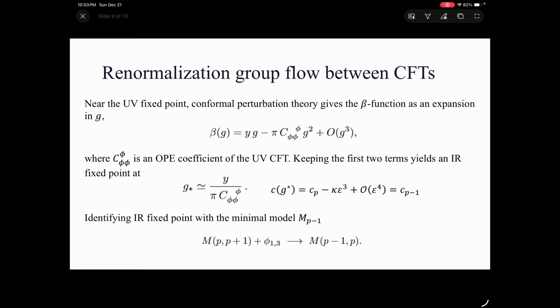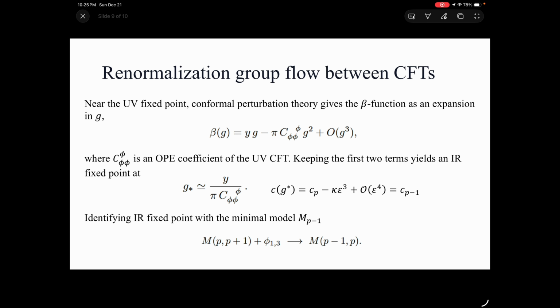So when the theory flows to the IR fixed point, g star equals this. And when we put it back into the c function, we get this. We realize this equals c_{p-1}. c_p is the central charge denoting the UV fixed point, and c_{p-1} denotes the IR one.